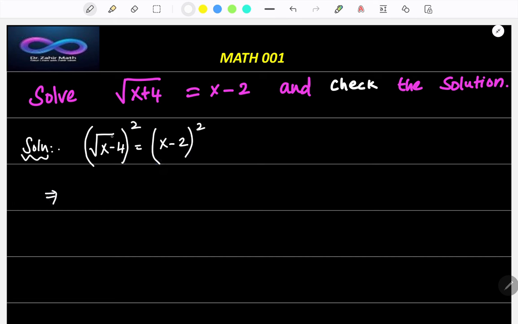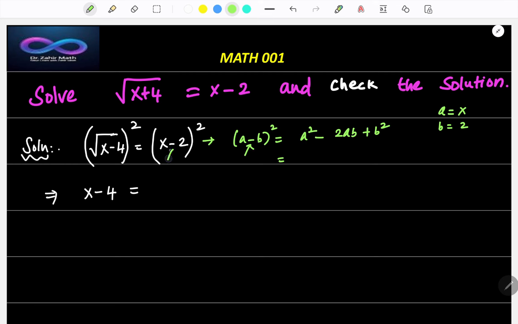So this implies x minus 4 on the left. But the square of x minus 2 is the difficult part for you, which uses the formula (a minus b) the whole square, which is a square minus 2ab plus b square. So what is your a? Your a is x. What is your b? 2. It is not minus, this minus is only for the formula.